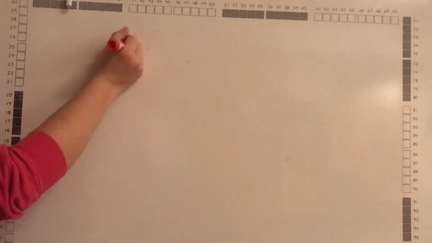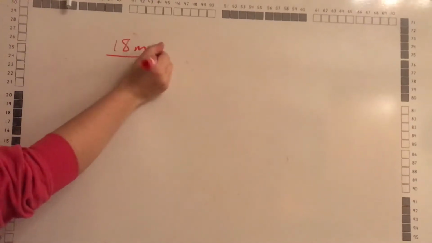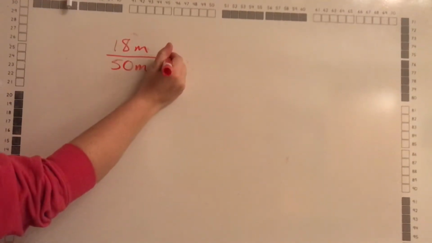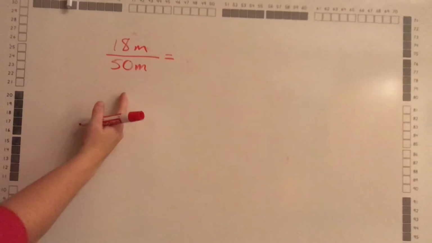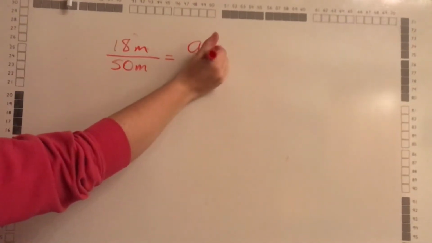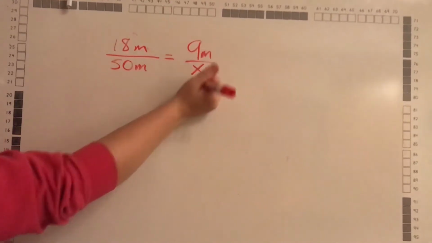they start with the length of the volleyball court, so 18 meters over the length of the swimming pool, which is 50 meters. And that ratio is going to be proportionate to the other ratio of 9 meters over x.